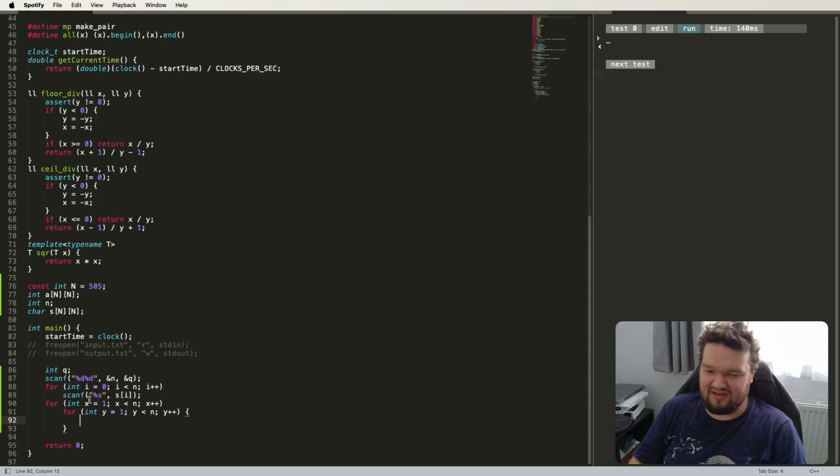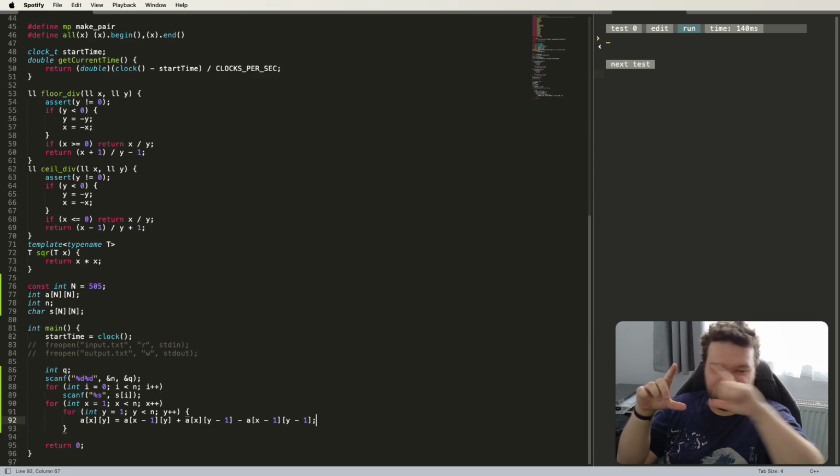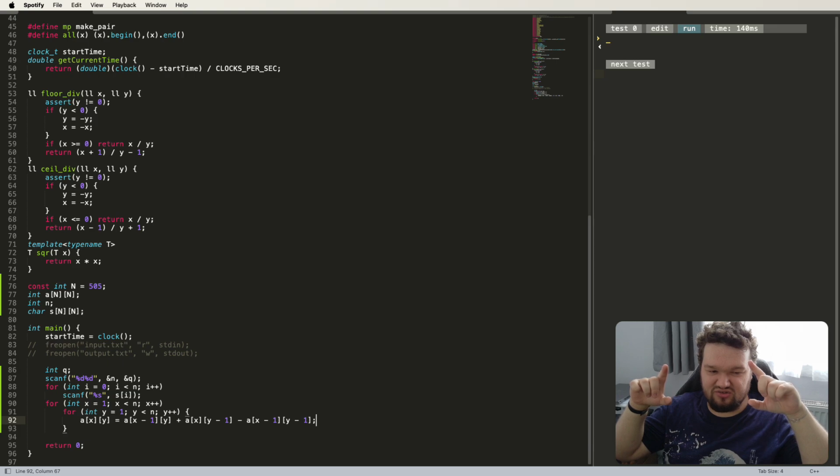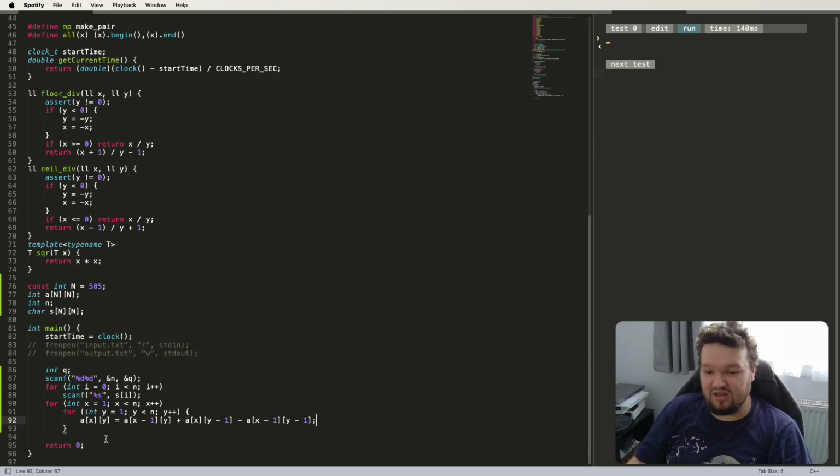And the prefix sum at point (x, y) is the sum on the rectangle with corner here, which is the sum on the rectangle without the last row plus the sum on the rectangle without the last column. But the part without the first row, last row and last column we calculated twice, so we subtracted it back.